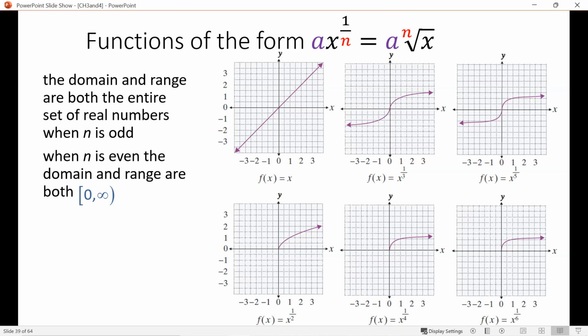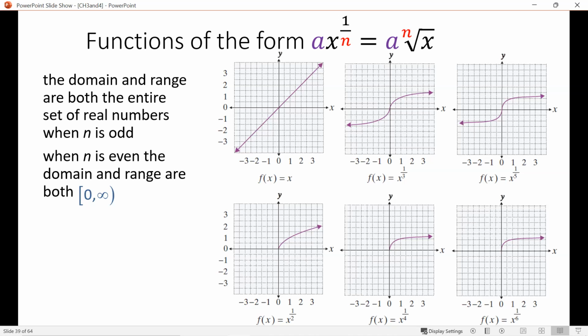So in this case, the domain and the range are going to be the entire set of real numbers when the index is odd, okay? And when the index is even, the domain and the range are only going to allow for positive numbers, okay?